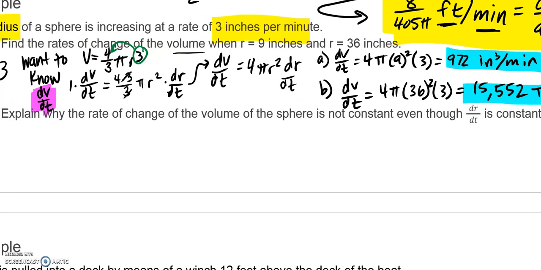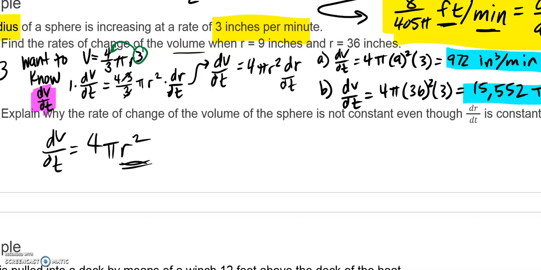You can draw pictures to talk about it, whatever you want to do, but it's a problem of proportionality, right? If you look at the change in the volume, that was represented back here, 4 pi r squared. So the change in volume is not a constant proportion. It's actually a squared proportion, okay?